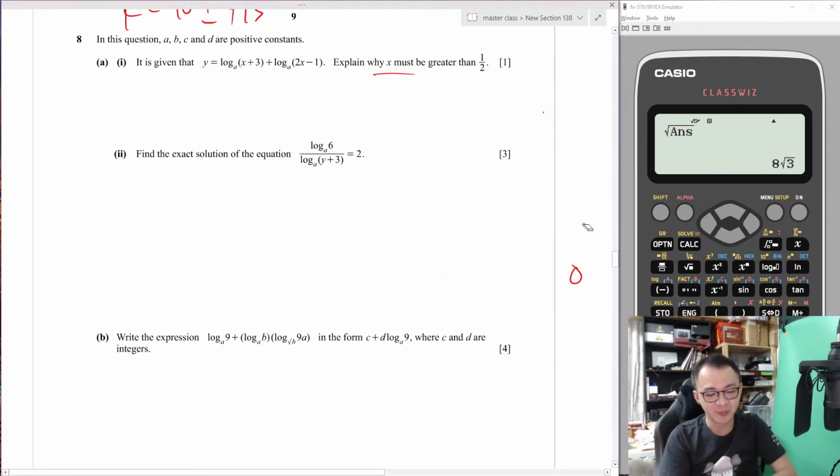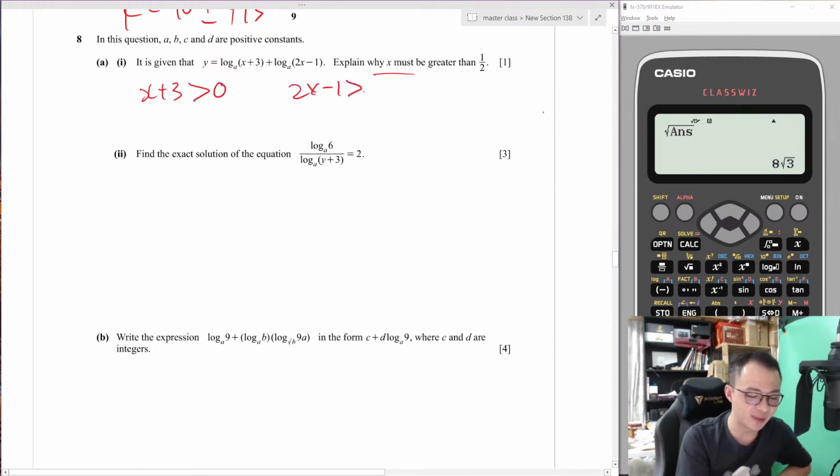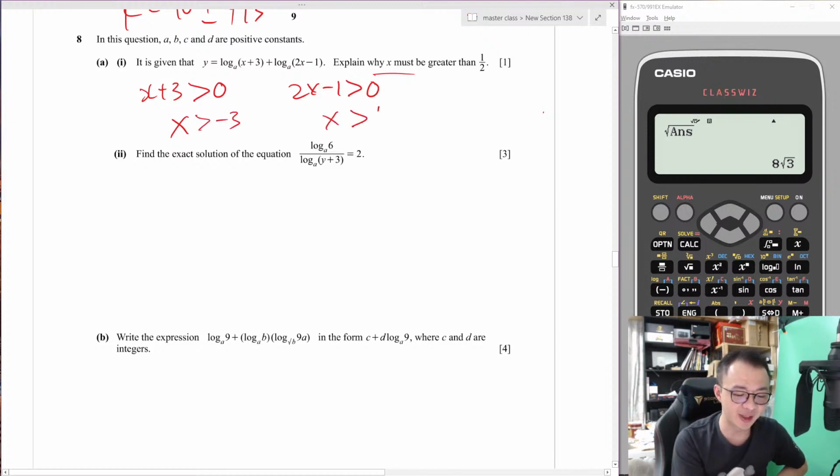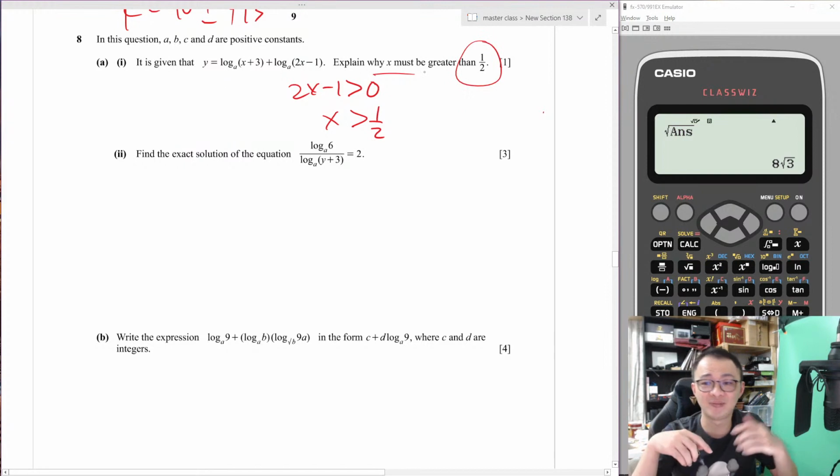So over here, the easiest way I will say is x plus 3 must be bigger than 0, or 2x minus 1 must be bigger than 0. So x is bigger than negative 3, and x will be bigger than 1 over 2. I will ignore the first one because they asked about 1 over 2, and use the second one to prove it.